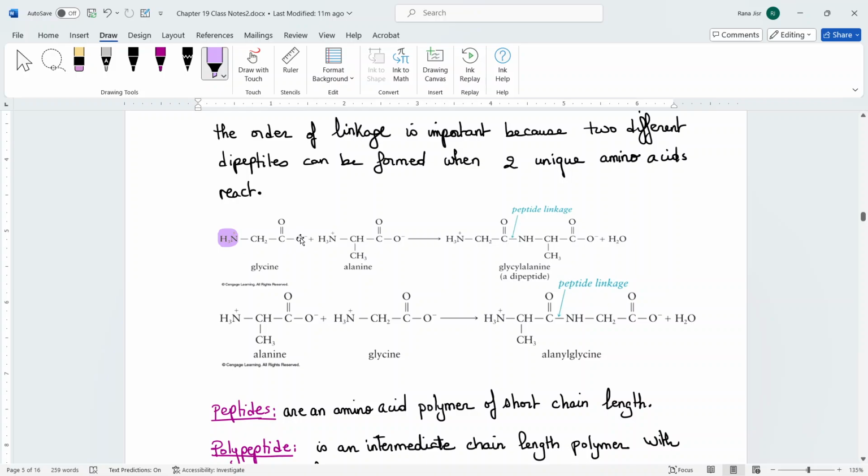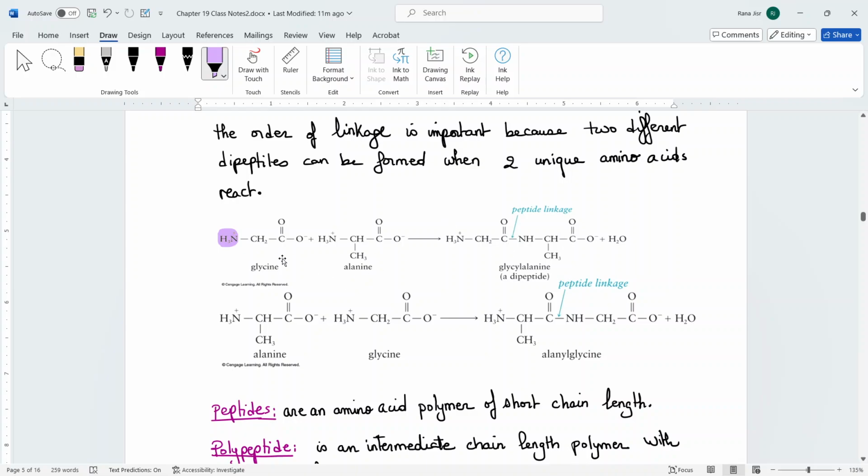Because this is a base and this is an acid, the base normally takes the acidic hydrogen, so that becomes an OH. Then the acid loses the OH and the amino loses a hydrogen. You connect those together by a peptide or an amide linkage, and this is how you form the dipeptide.